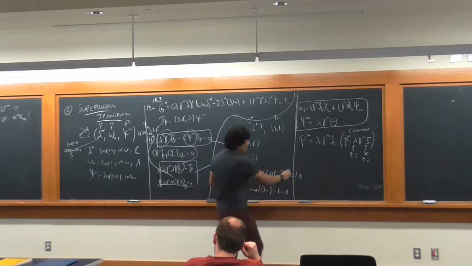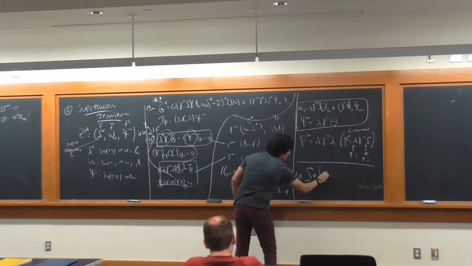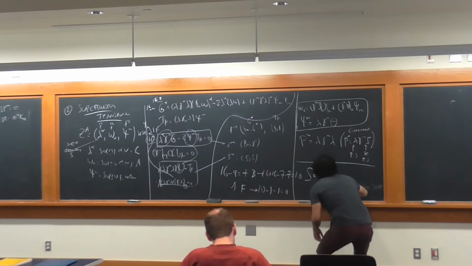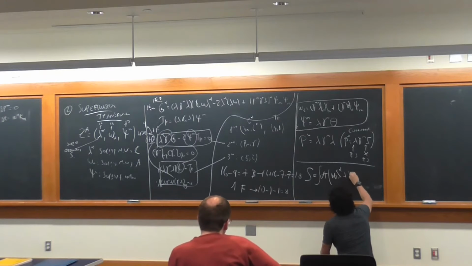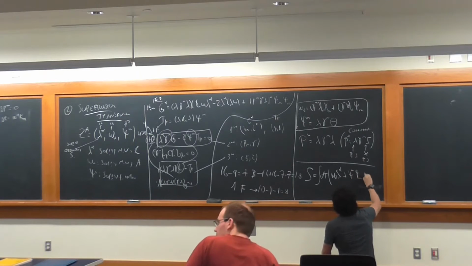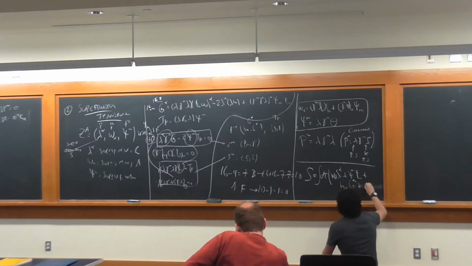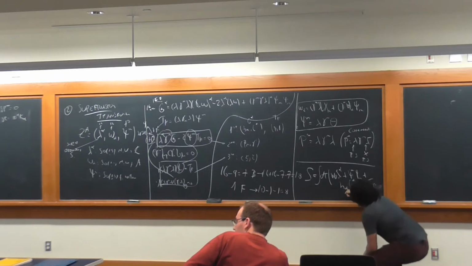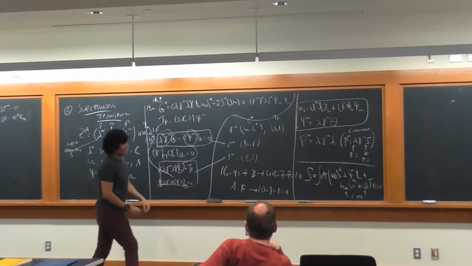When I do that, I get that the action in the twistor description is given by something like this: W alpha lambda dot alpha plus psi dot m, plus G alpha, plus, sorry, let me put here H alpha, and here G and T. This is a Lagrange multiplier, and this is also a Lagrange multiplier. G alpha is given here, and T is given here.